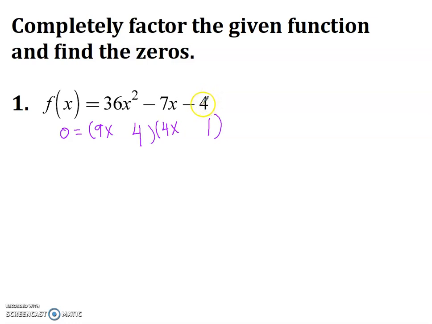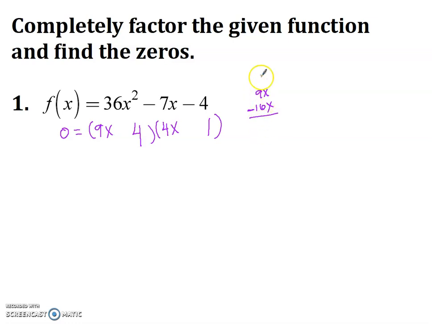And then I also have to check that it works. To check that this factor works, what you have to do is multiply the outside. If I multiply the outside, that'll give me 9x. If I multiply the inside, that'll give me 16x. Well, I'm wanting these to add up to a negative 7. So I know that I'm going to need the 16 to be negative.